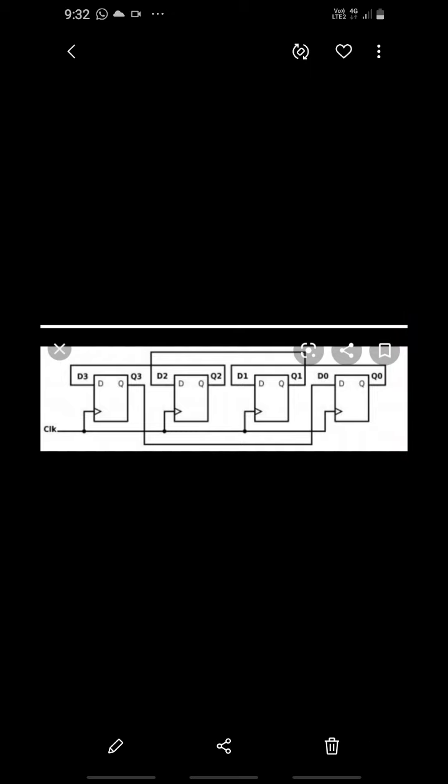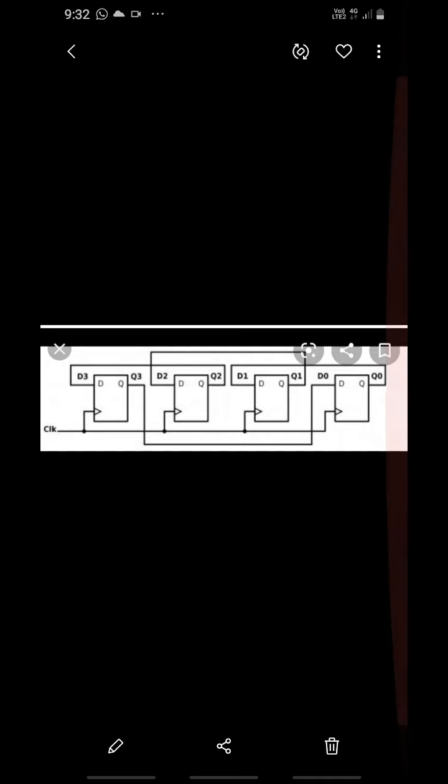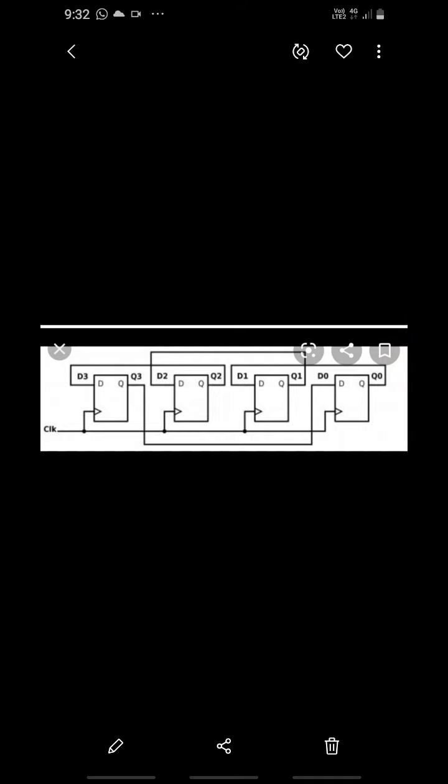Serial data is applied at the D3 input of the last flip-flop through the input DIN. The Q3 output of the last flip-flop is connected to the D2 input of the third flip-flop.